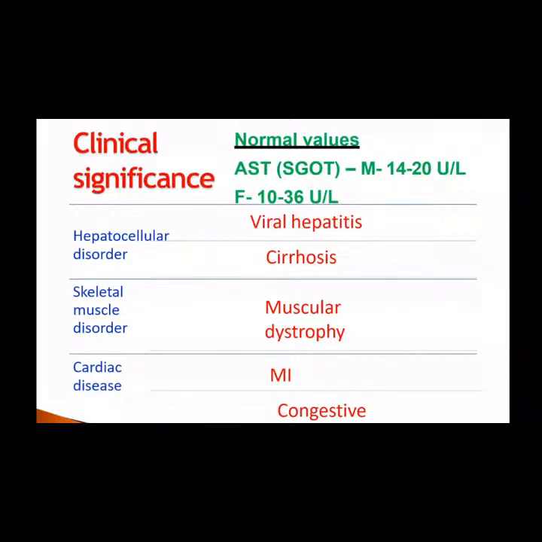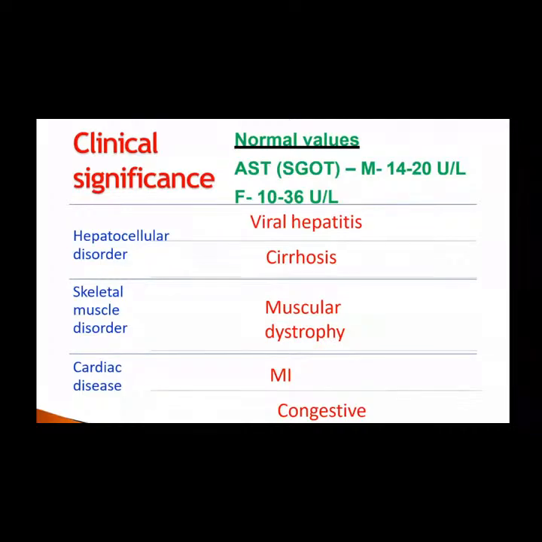The normal level of this AGOT is 14 to 20 units per liter in males, and in females this level is 10 to 36 units per liter. And what is the use of this enzyme in the laboratory?